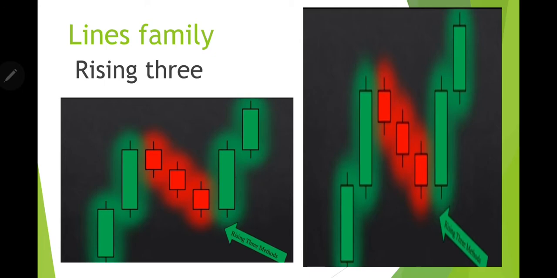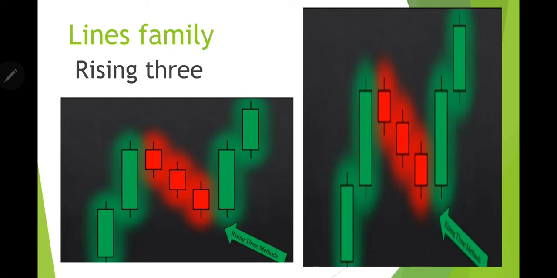Still under lines family, we've got the rising 3. The rising 3 will appear on an uptrend. On an uptrend you get some kind of a series of candles in the opposite direction, but without taking the low of that candle, and after that the upward movement will continue going up.